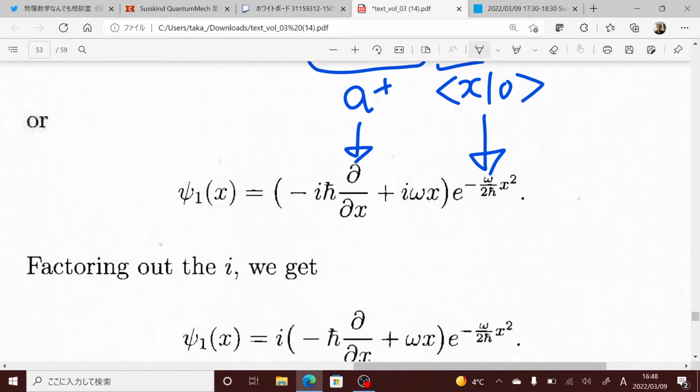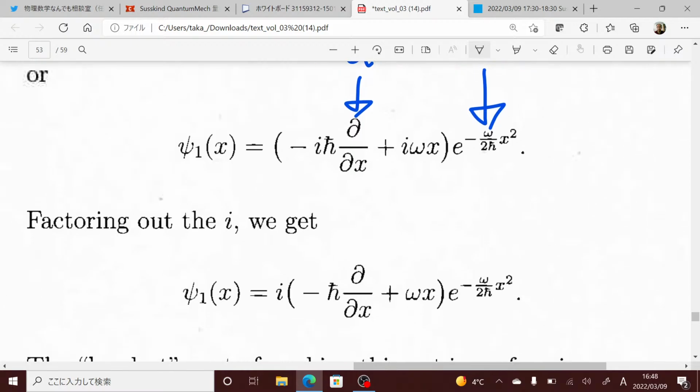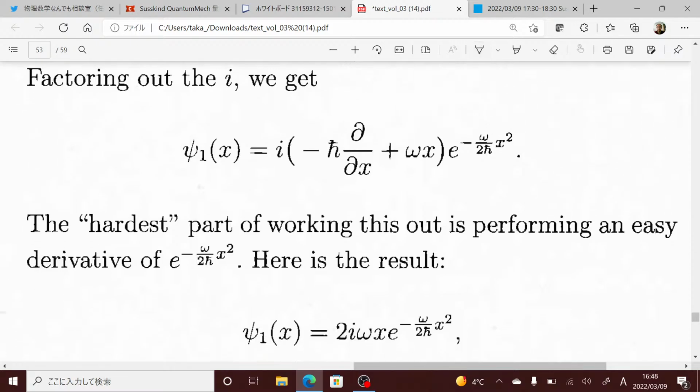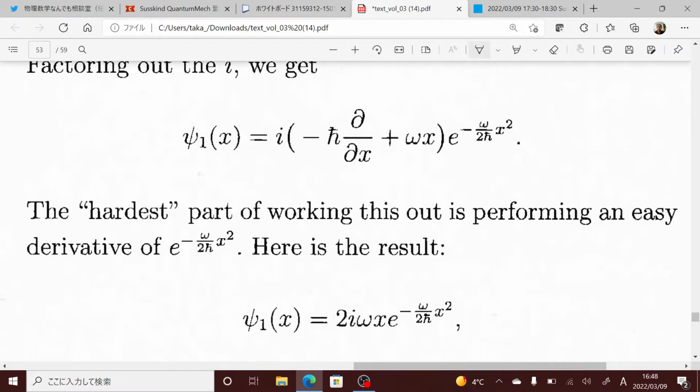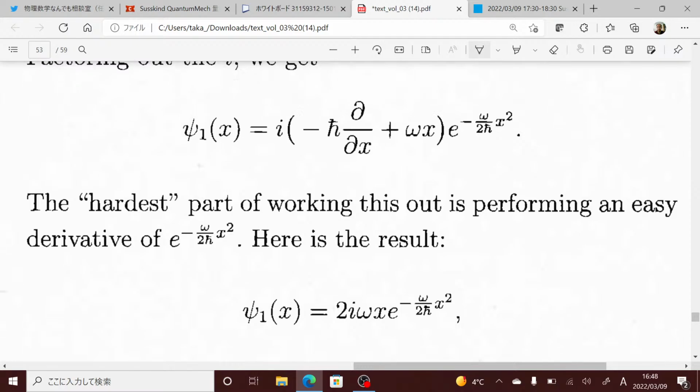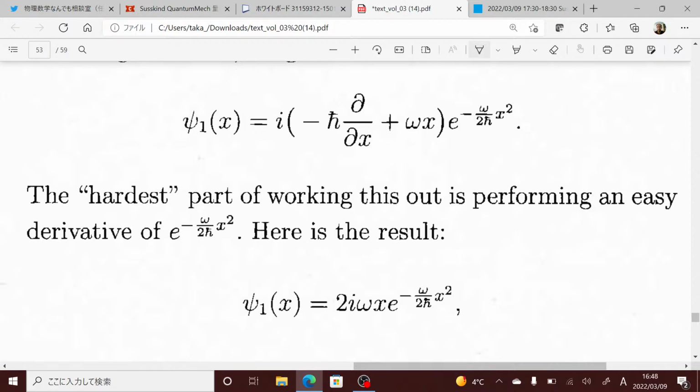Factoring out the i, we get this. The hardest part of working this out is performing an easy derivative of exponential minus omega divided by 2 h bar x squared. Here is the result. Hardest part. It's not hard at all.